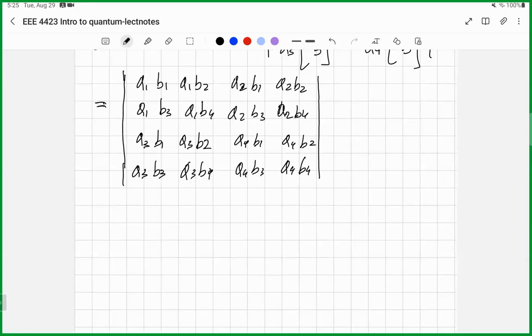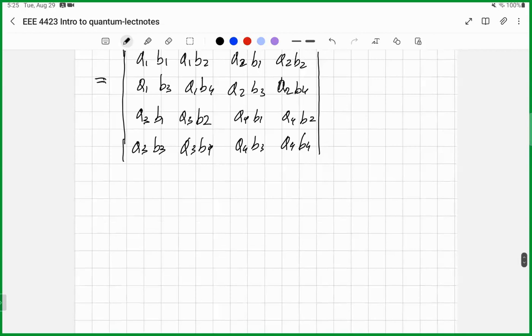In quantum computing, there is a useful notation for vectors and matrices. One can meet something like a vector to the power of tensor product n.